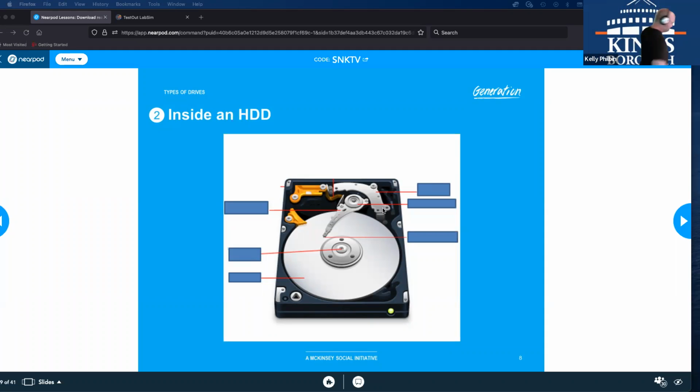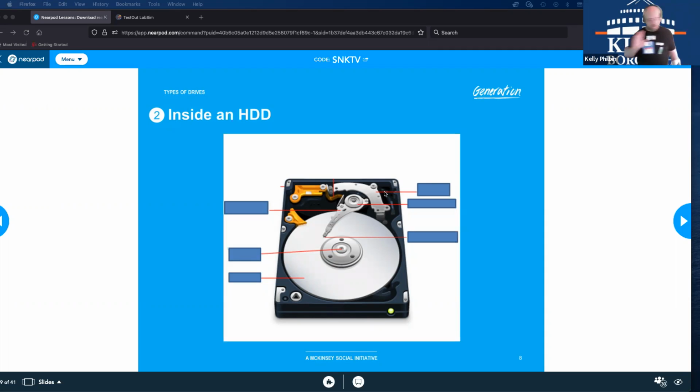So what's the one more that's part of the actuator group? The actuator. Yeah, there we go. The actuator itself. The actuator is the motor that causes it to move back and forth. The axis is the pivot point, and the arm is the piece that moves the read-write head around.